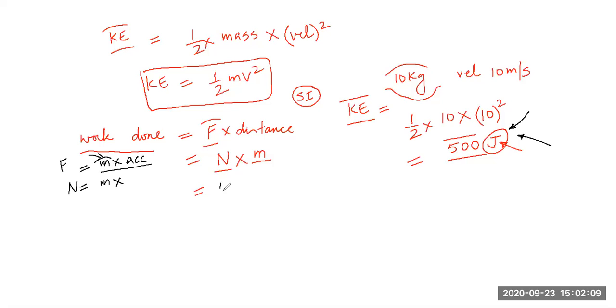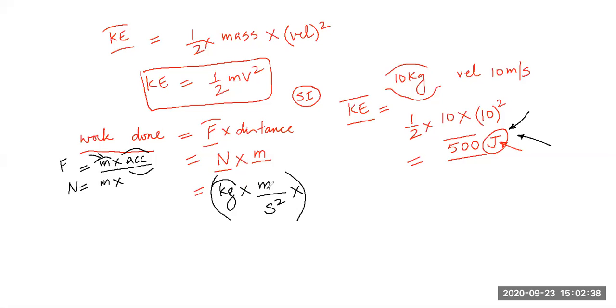In SI system, unit of mass is kg. Into what is the unit of acceleration? Meter per second square.